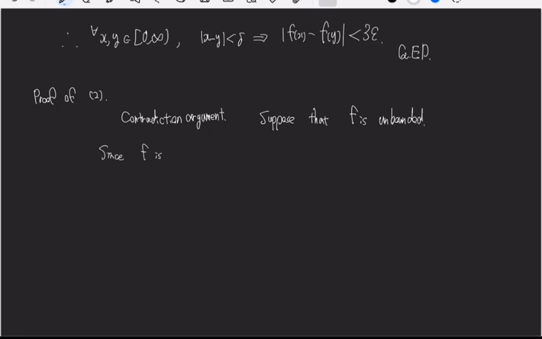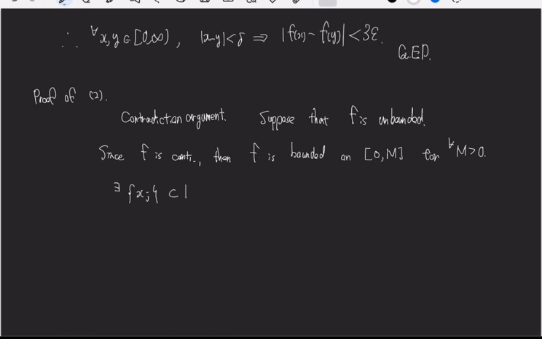The continuity of f implies that f is bounded on any interval from 0 to m, where m is any large positive number. Thus, f is unbounded at spatial infinity.